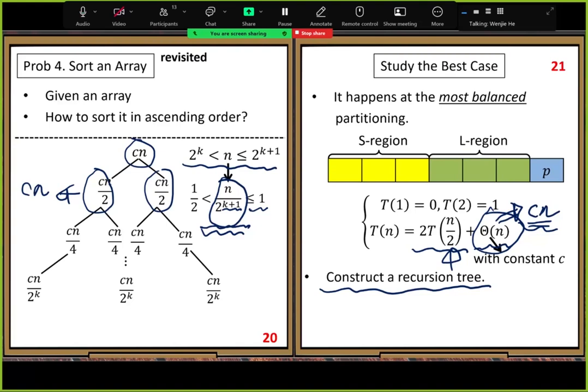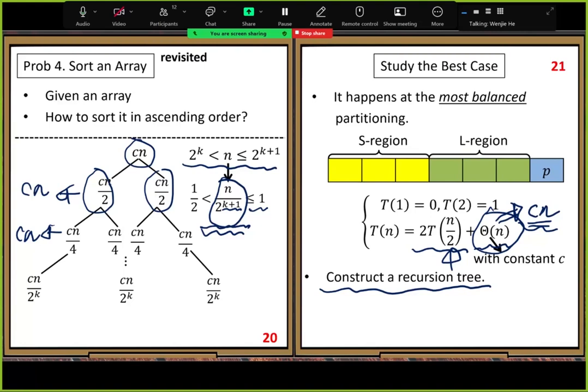Then another round of splits. Two nodes become 4 nodes, and the non-recursion cost is C times the problem size for each node. So you have 4 nodes, and the total non-recursion cost is the same, C times n, and so on.